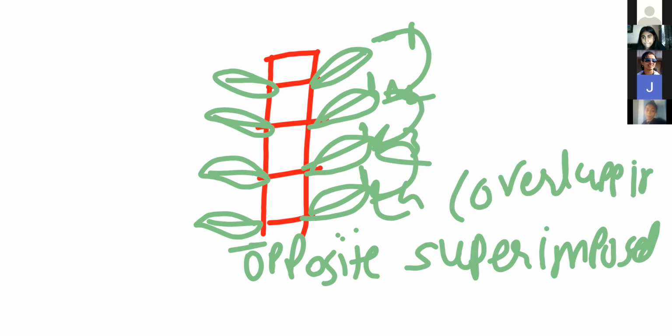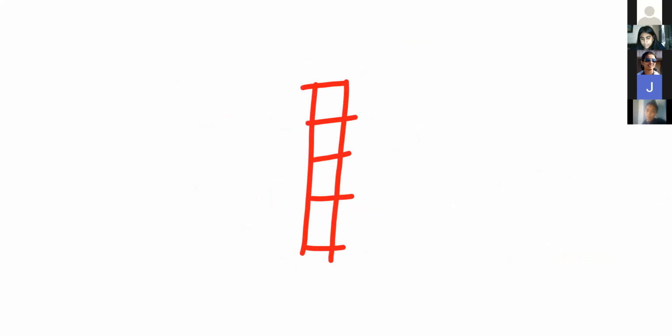If two leaves arise at each node, but they are in an overlapping pattern, we call it opposite superimposed phyllotaxy. Opposite superimposed you can find in guava, jamun. Guava leaves, if you observe, you can find opposite phyllotaxy, opposite superimposed.